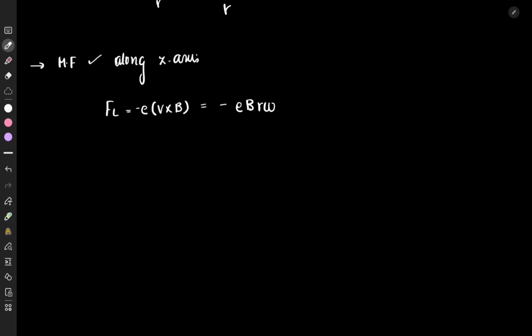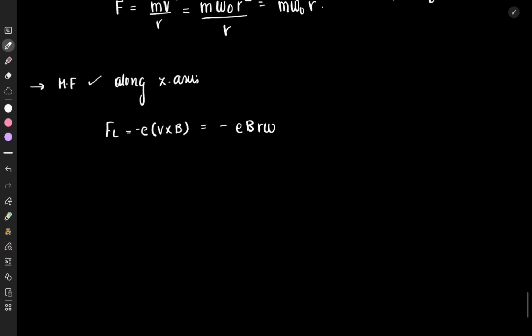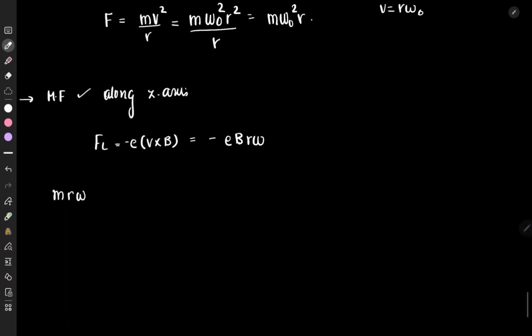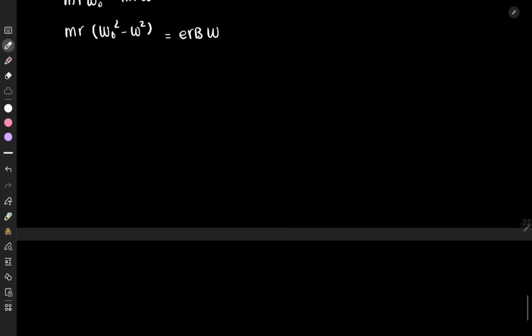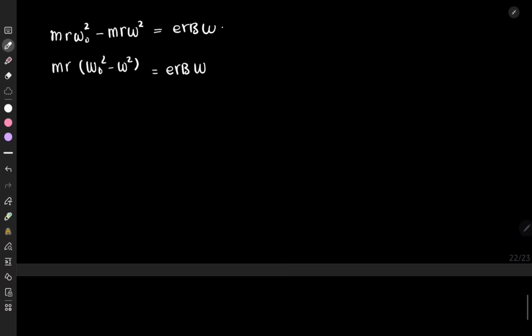So we can write it as the absence of external field plus the presence of external field gives you a new angular frequency, that is m r omega naught square minus m r omega square is equal to e r B omega. Now you can take the common terms. You get m r times omega naught square minus omega square, which is equal to e r B omega. The r gets cancelled. Finally, you have to solve this.